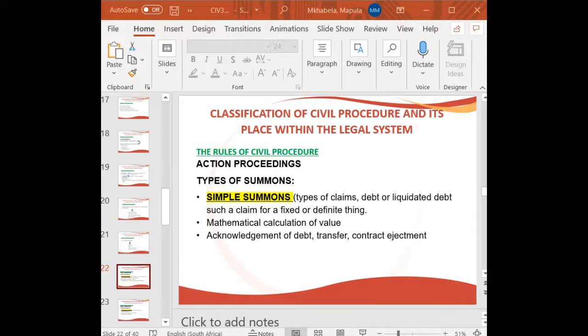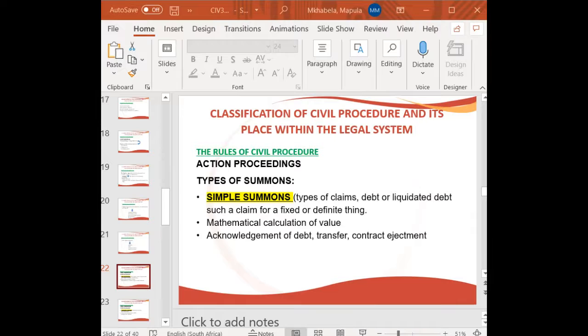Now, the simple summons is a summons which is not accompanied by any other document setting out the details of a claim. This type of summons sets out the plaintiff's case in a very basic manner. It is used mainly when the claim is based on a liquid document or a liquidated claim.